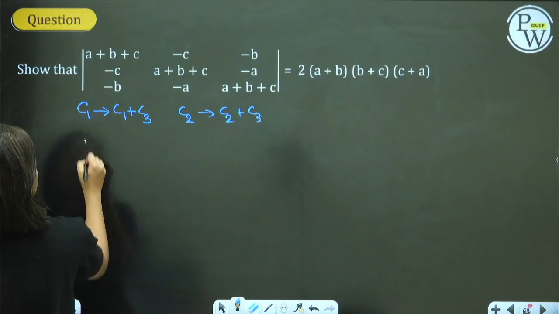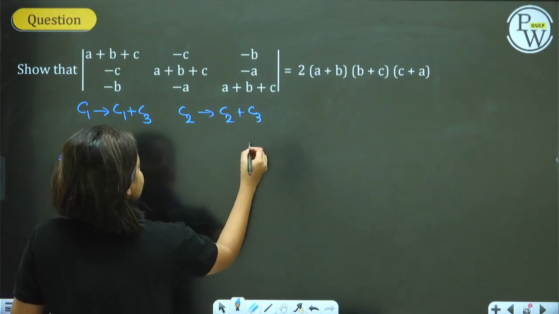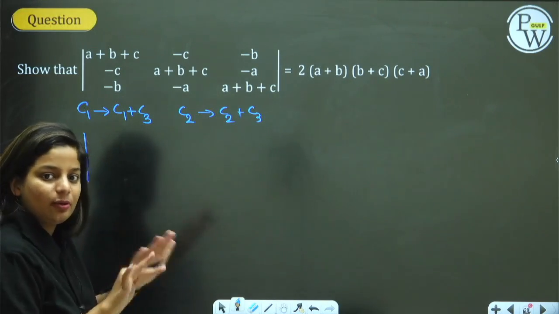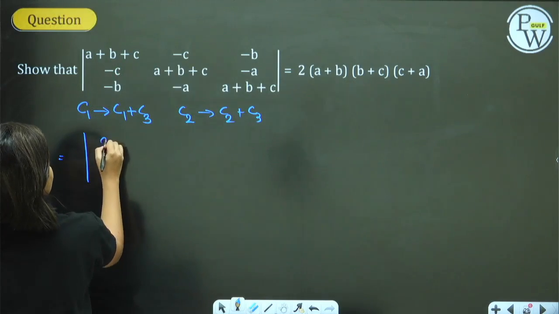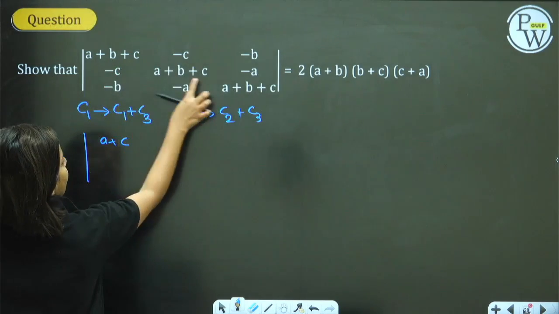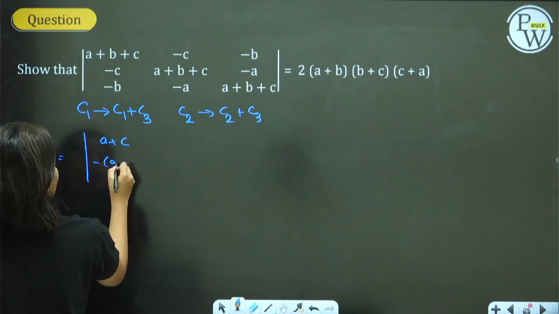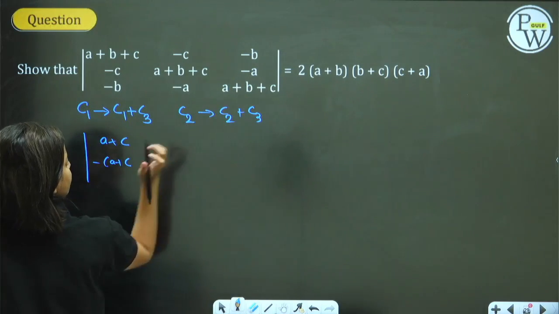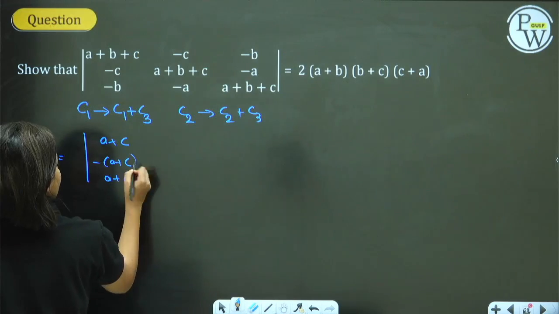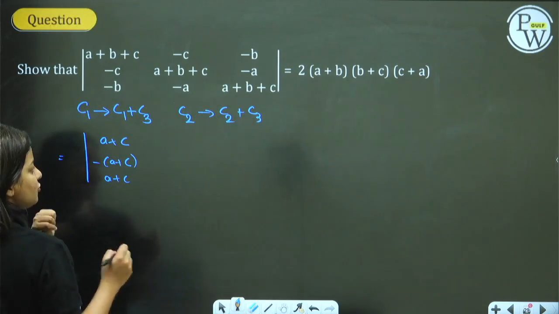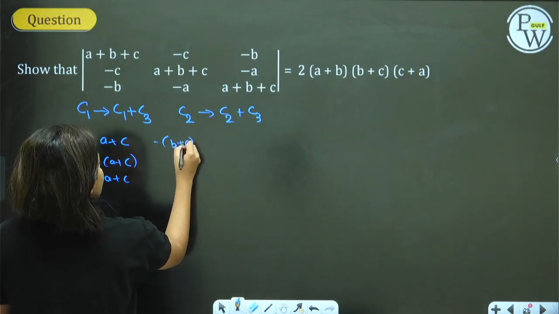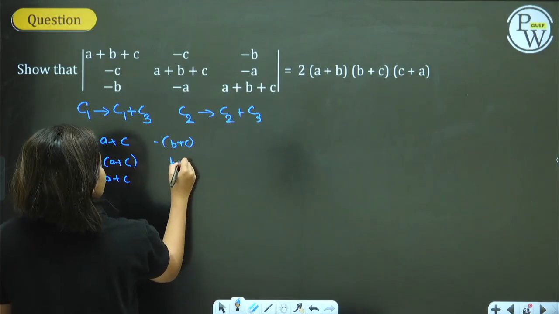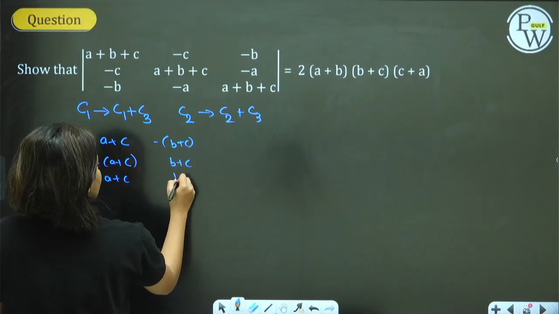What are we going to get out of it? Because I am using property 7, no need of determinant sign change. A plus b minus c minus b will give me a plus c, and these two will give me minus sign common a plus c, minus b cancels, a plus c. Can you understand? Column 1 has been changed. Column 2 minus common b plus c, these two when added I'll again get b plus c.